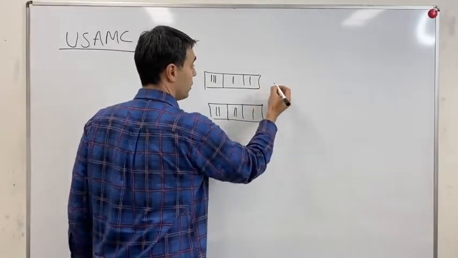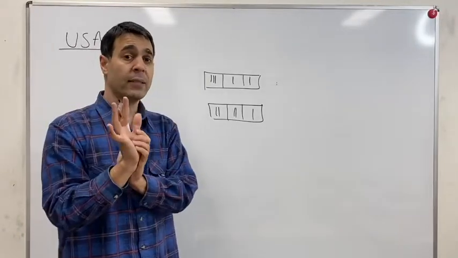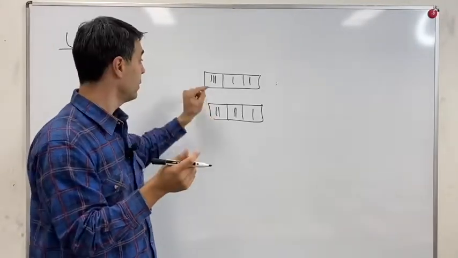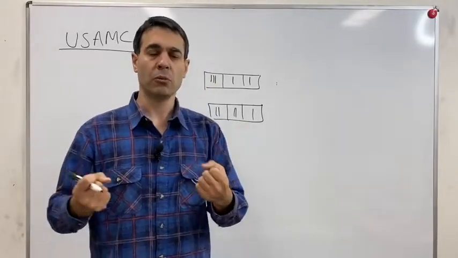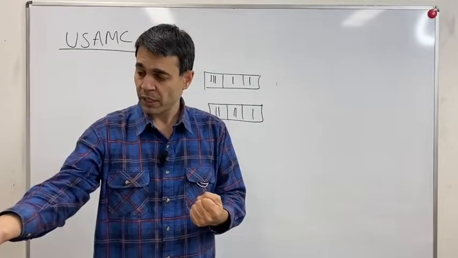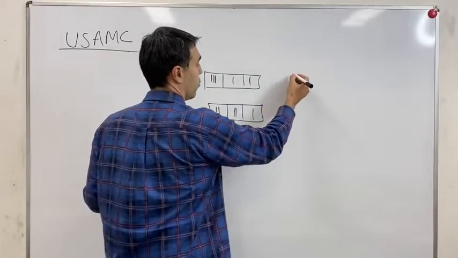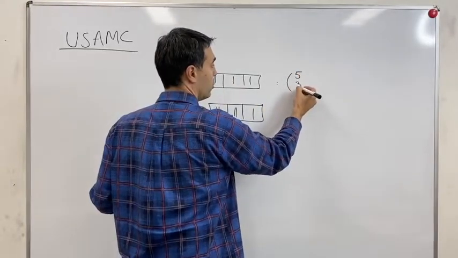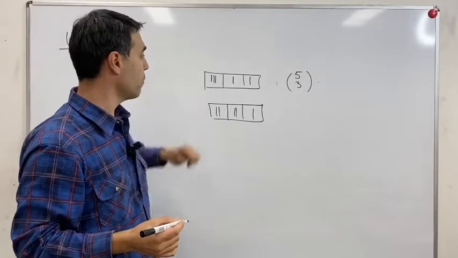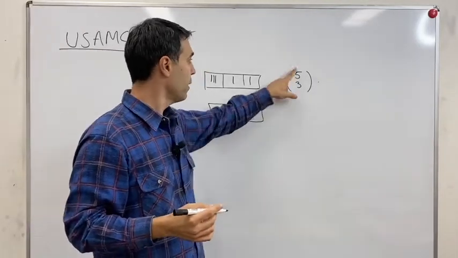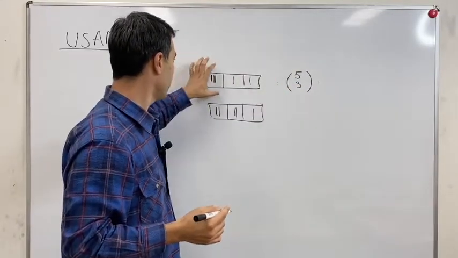Now, what is this? I have 5 candies. Out of those 5 candies, I want to give 3 candies to the first kid. So it's basically the problem of choosing. In how many ways you can choose 3 candies to give to a kid. So we have 5 candies. We want to choose 3 of them. So that gives us 5 choose 3 different ways for the first kid.